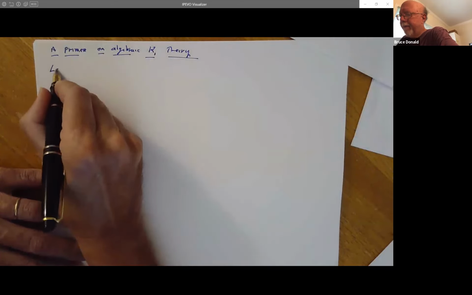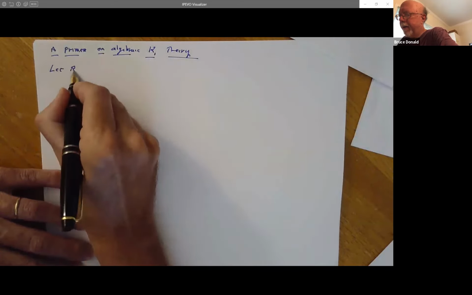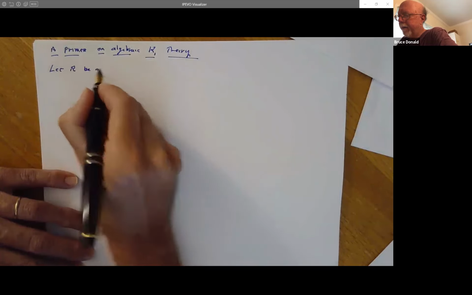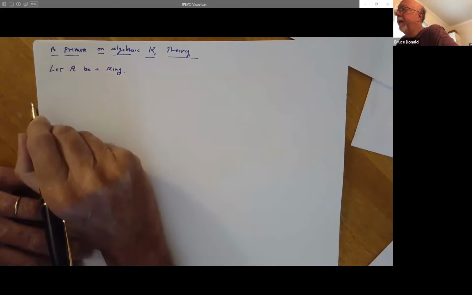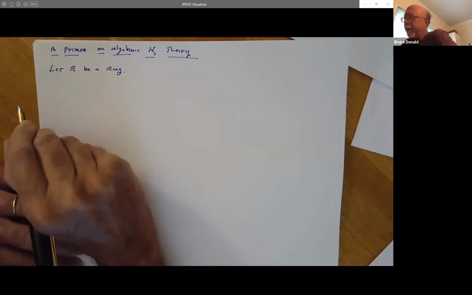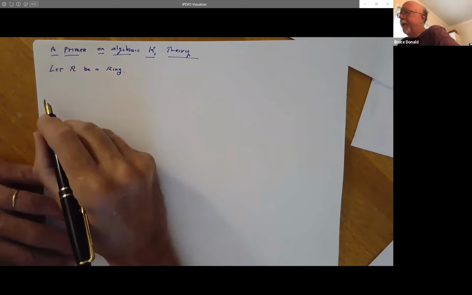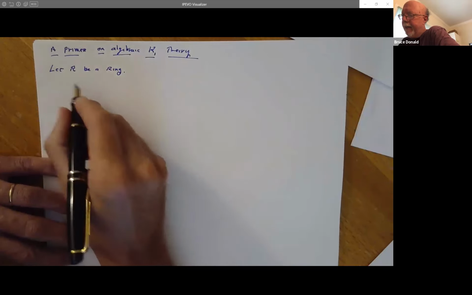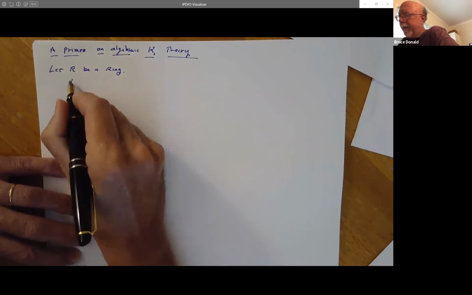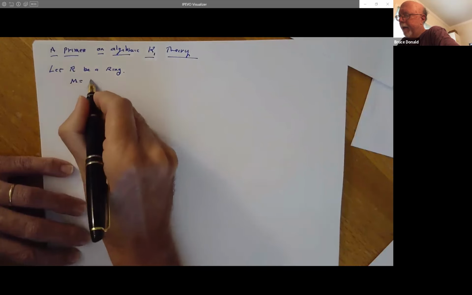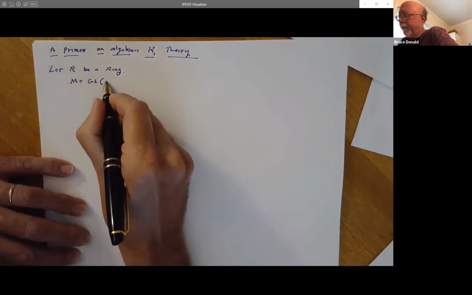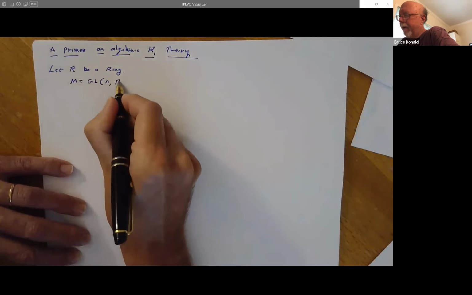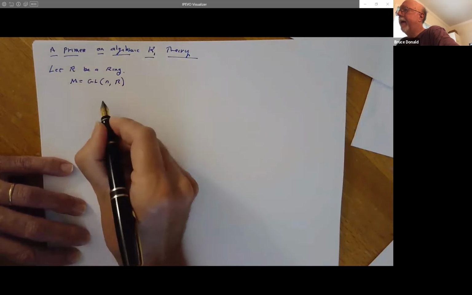So suppose we have a ring R. Then we can talk about matrices that are invertible. So we might have a matrix M in the general linear group over R that's n by n.